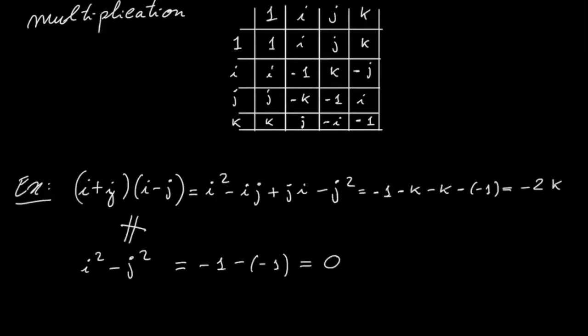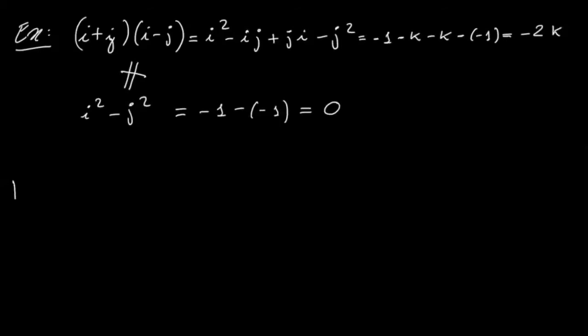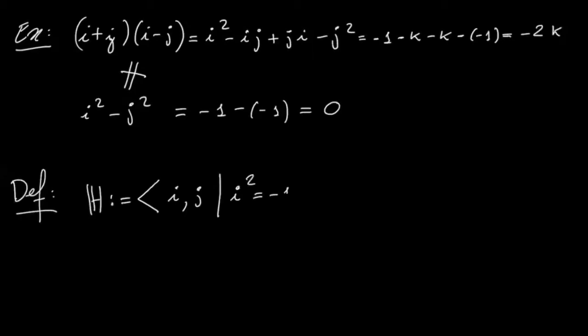There is another more compact way to define the quaternions, which is as follows. One can consider the R algebra generated by two symbols, i and j, subject to the following relations: i squared is equal to -1, j squared is equal to -1, and they anti-commute in the sense that ij is equal to -ji.